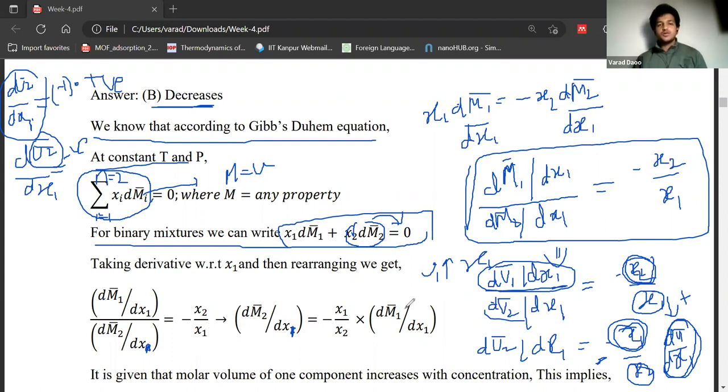And that is precisely what is asked. Here, minus multiplied by positive terms, x1 and x2 are both positive, and dv1 bar by dx1 is given as positive, increasing with concentration.